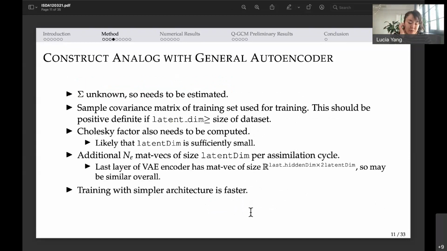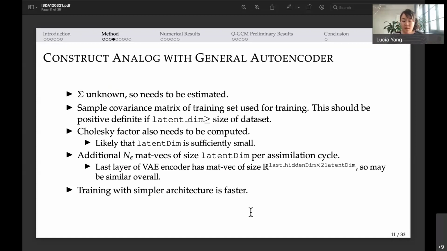Obviously there are a few extra steps in doing this because you now need to compute the sample covariance matrix and its Cholesky factorization, but there are also some benefits. Now your autoencoder structure is simpler because you only need to output one vector in the latent space, whereas the VAE would require two vectors in the latent space.